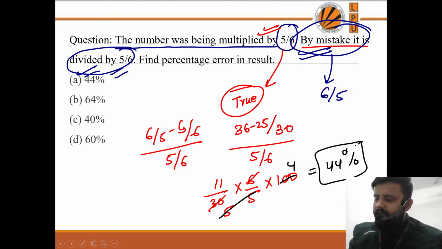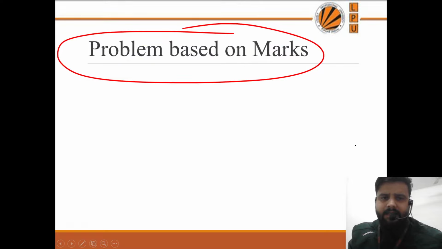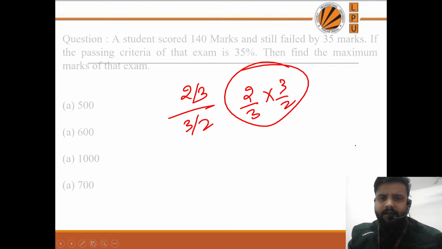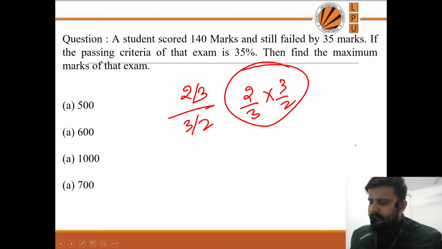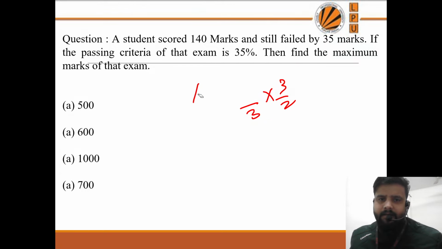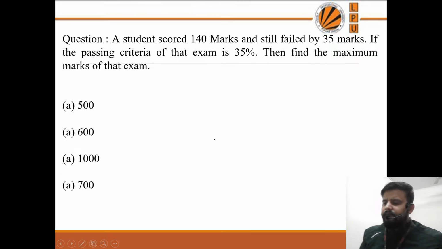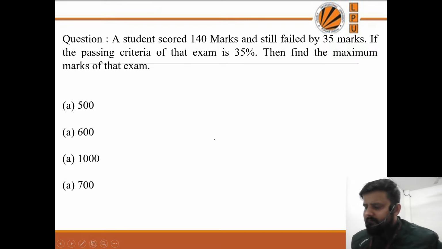Okay, let's move to next one. Just answer it. Don't waste time if you are getting something. Tell me answer for this question. Yeah, I am saying difference between true value.